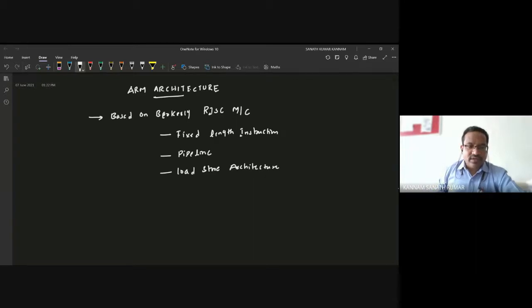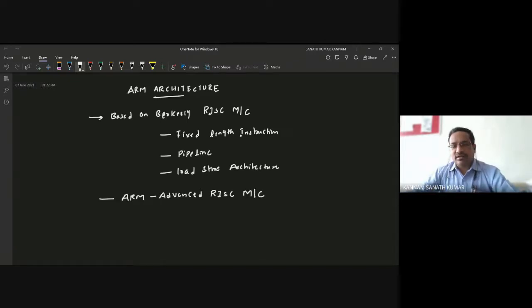So ARM is a 32-bit architecture. ARM we call an advanced RISC machine. Why advanced RISC machine? Because this is based on RISC, but they implemented some more characteristics, namely the load store characteristic.